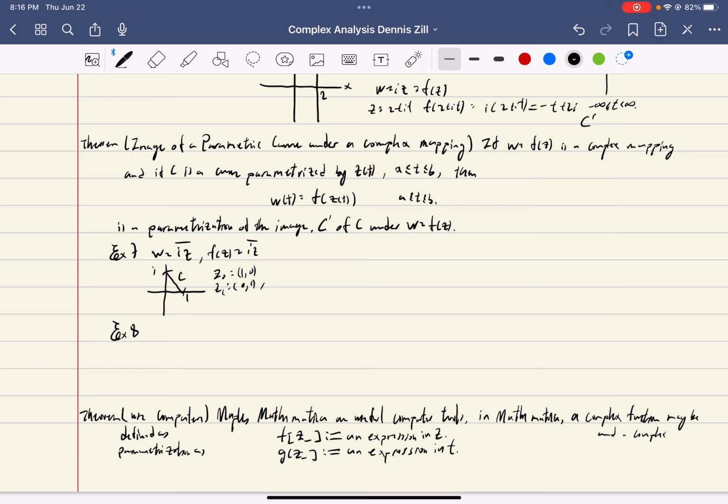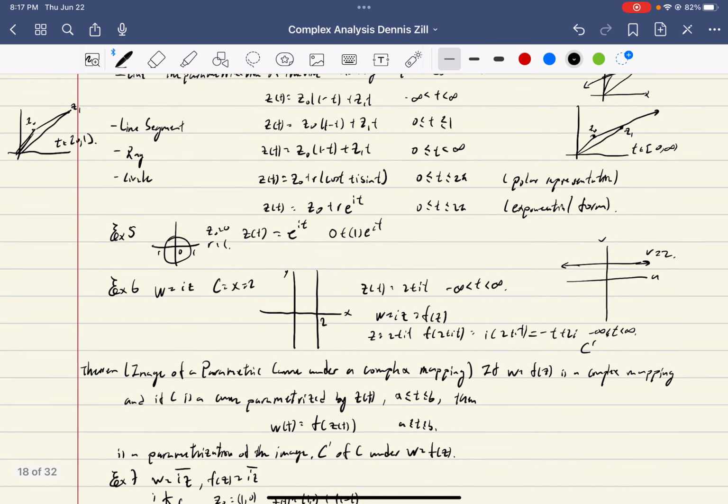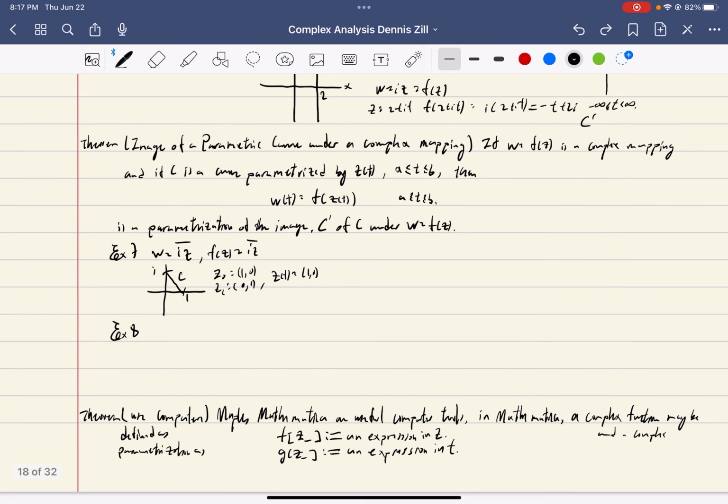Then we say z of t is equal to z naught, that's 1, 0, plus, and then you scale it, 1 minus t, plus z1 which is 0, 1 times t.